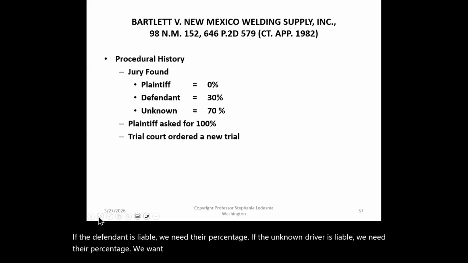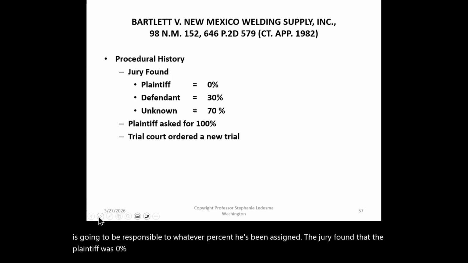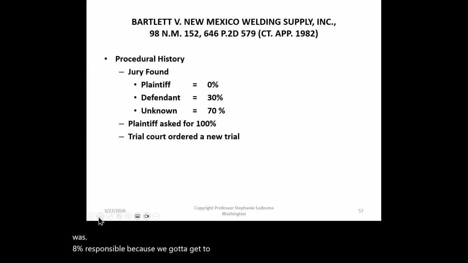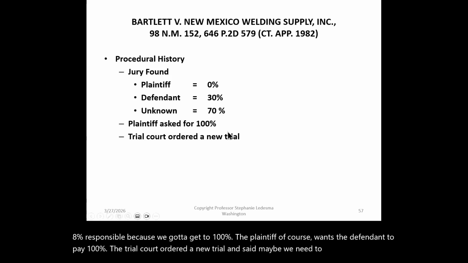And at the end of the day, the defendant is going to be responsible for whatever percent he's been assigned. The jury found that the plaintiff was 0% responsible, the defendant was 30% responsible, and the unknown driver was 70% responsible because we got to get to 100%. The plaintiff, of course, wants the defendant to pay 100%. The trial court ordered a new trial and said, maybe we need to do something different with our instructions.